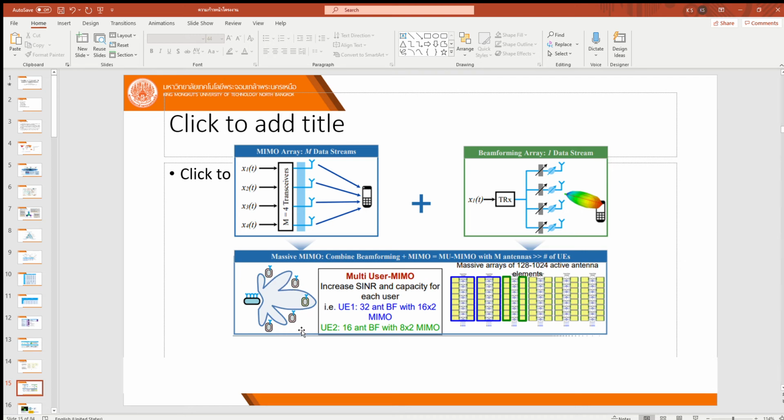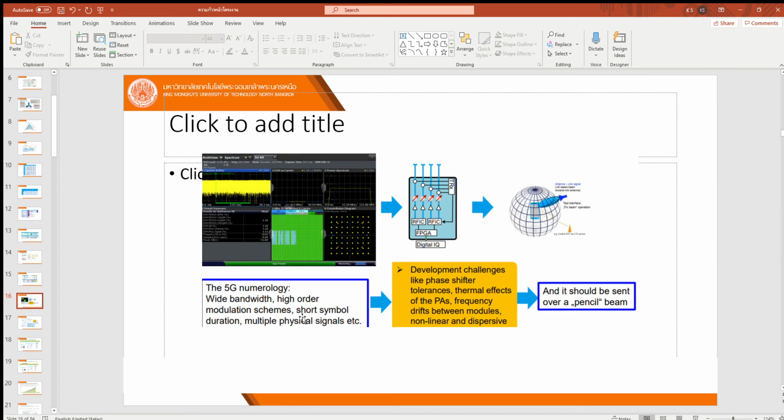In the future, we are going to use the concept of massive array or massive MIMO. The antennas will increase from 64 up to 128, and in the future maybe up to 1,024 active antenna elements. That means one base station can handle up to 1,024 smartphones at the same time.